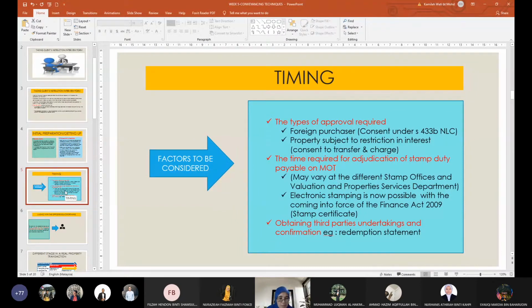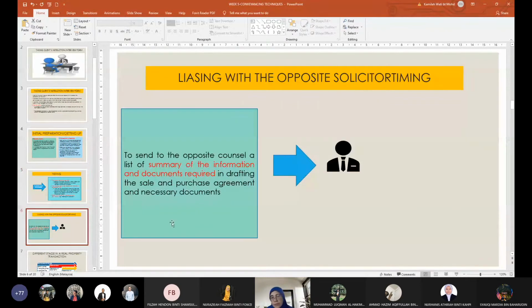Okay, so timing, then liaising with the opposite solicitor. Sorry, the timing is above. When we do the fact finding and check review earlier, some of the information may be incomplete when the client comes to see us. We may want further details about the vendor's information, because our client, the purchaser, may not have all that information.